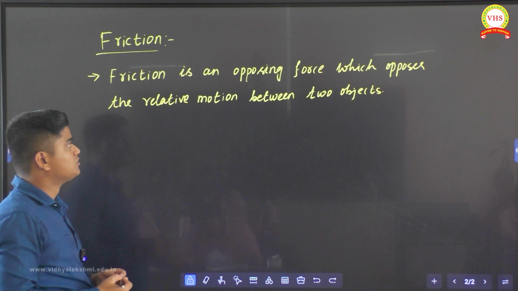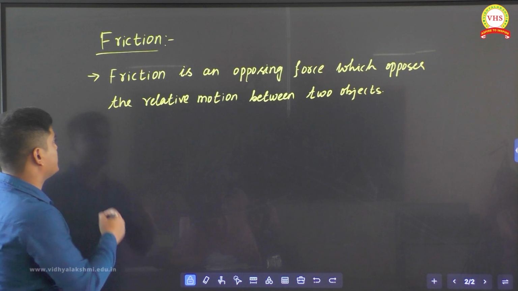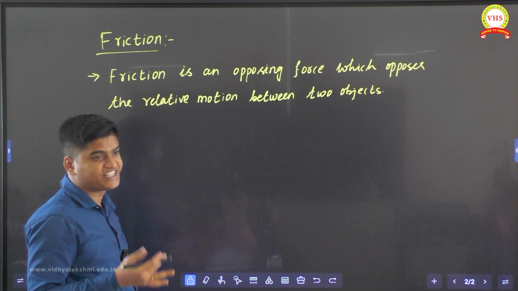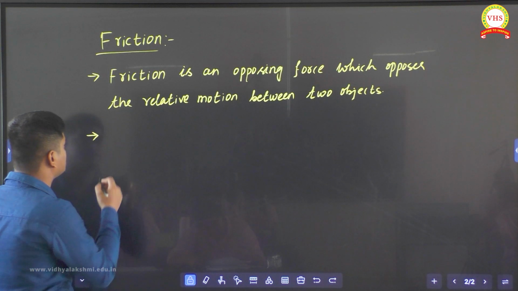Okay. So remember the friction definition. It is a retarding force, or basically an opposing force or resisting force. That also you can tell.